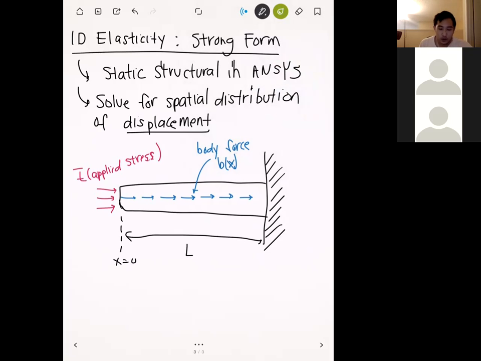Remember, when we were talking about truss elements, we also need to know its Young's modulus and cross-sectional area. Young's modulus will be given by capital E, just like before, and cross-sectional area will be A.